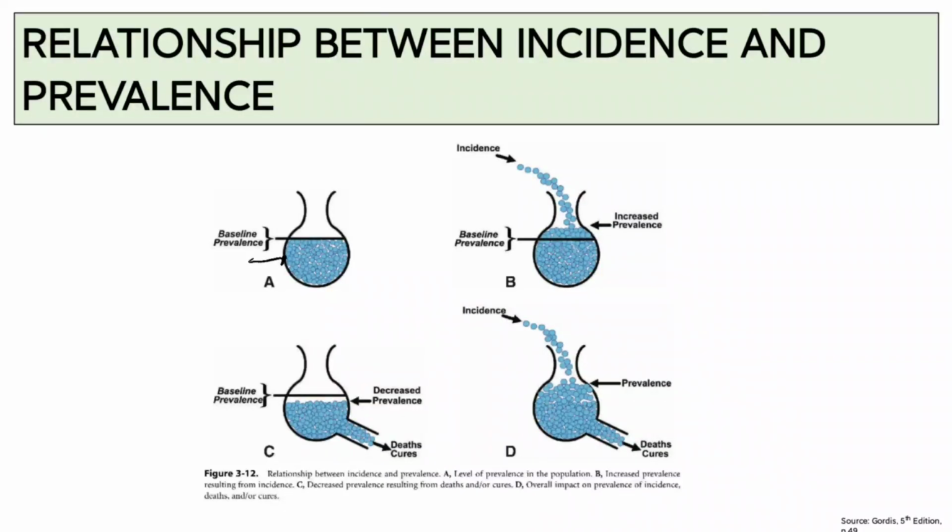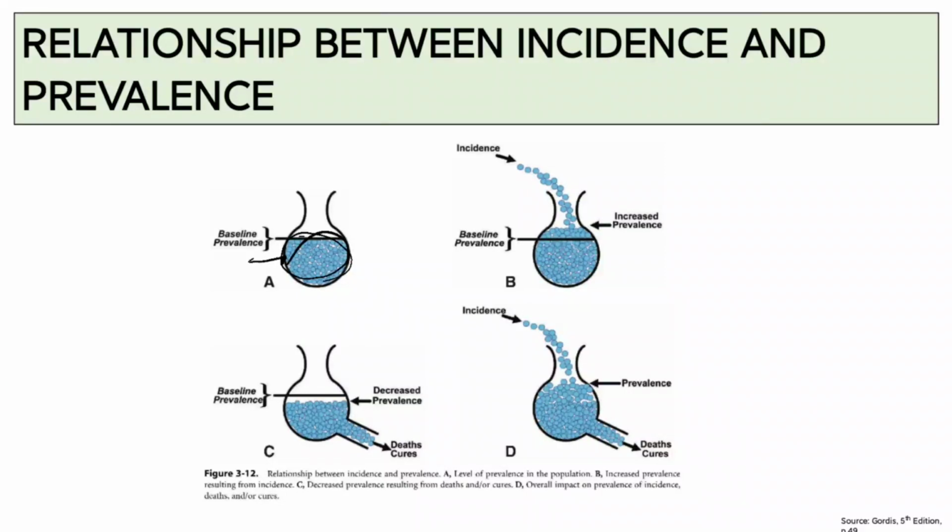Okay, ibig sabihin yung mga existing cases, 'di ba? Kasi prevalent cases. Okay? Pag mapapansin nyo, sa letter A, baseline prevalence. No? So, nag-i-exist lang yung mga disease na yan. Walang dumadagdag, walang nababawas. Okay?